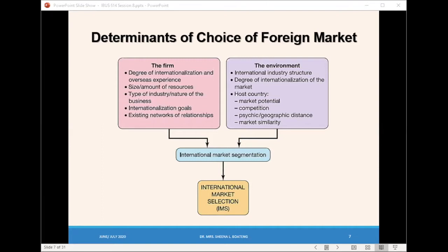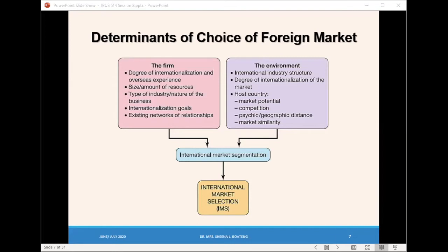So there are different goals with which a firm would want to go international. And depending on whether the objectives are largely motivated by downstream or upstream motives, the firm has to let this guide them in terms of the markets that they select to enter across the globe or in foreign locations.